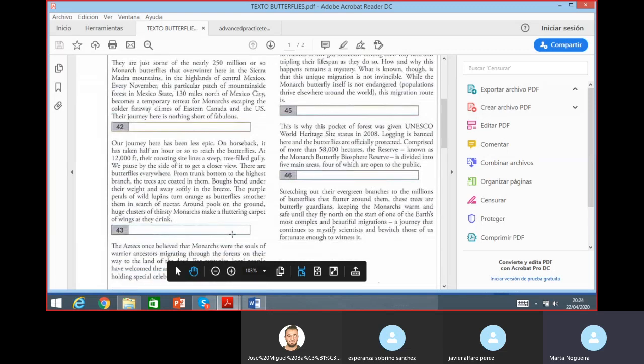Okay, and the last paragraph, stretching out their evergreen branches to the millions of butterflies that flutter around them. These trees are butterfly guardians, keeping the monarchs warm and safe until they fly north on the start of one of the Earth's most complex and beautiful migrations. I have to take breath, but for example, I'm going to tell you something, guys.